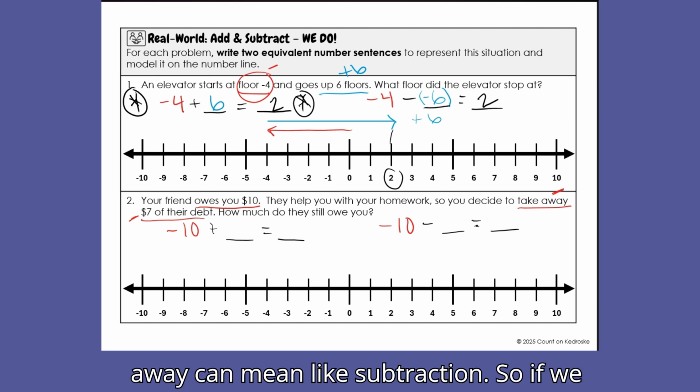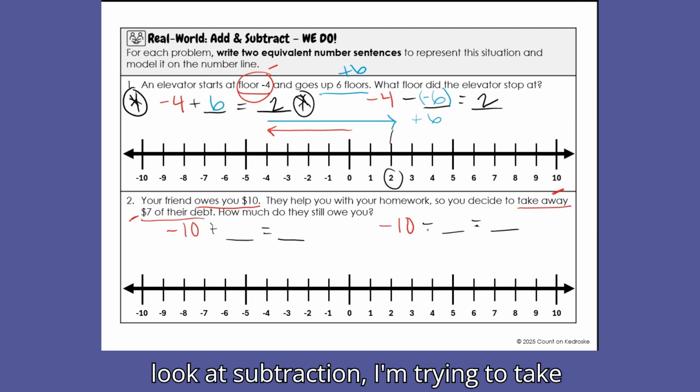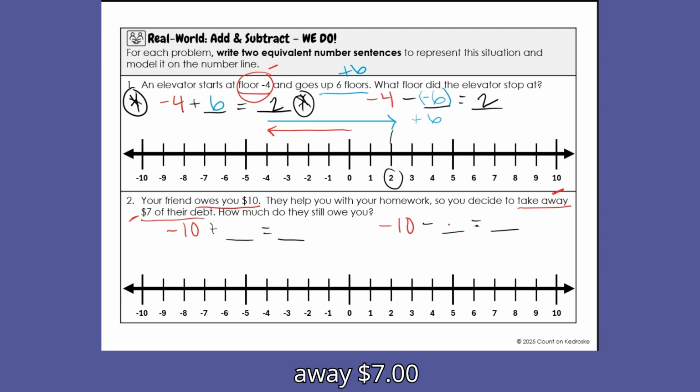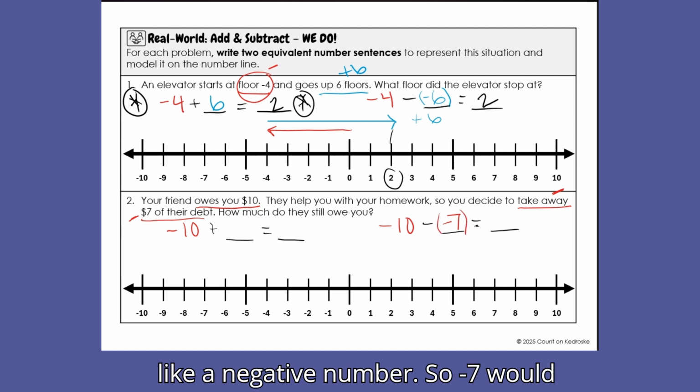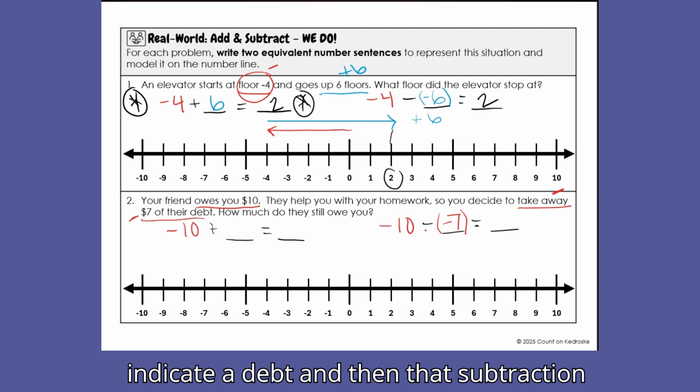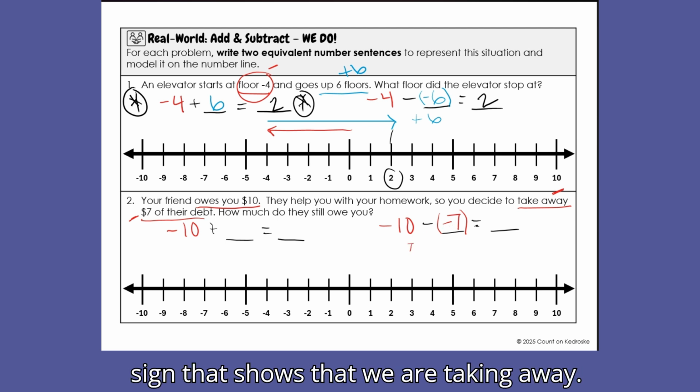So taking away can mean like subtraction. So if I look at subtraction, I'm trying to take away $7 of debt. If I'm talking about debt, that was one of our words that indicated like a negative number. So -7 would indicate a debt, and then that subtraction sign shows that we are taking away.